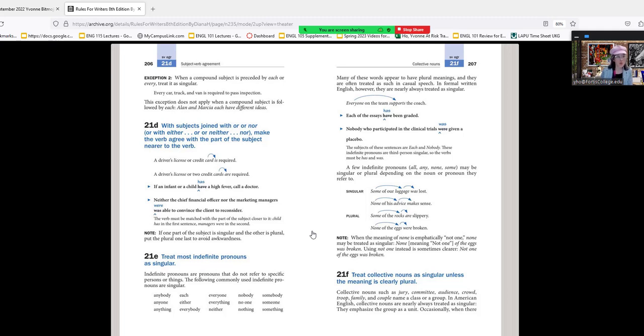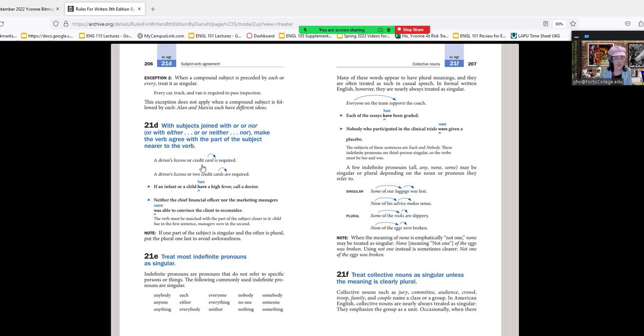With subjects joined with or, nor, make the verb agree with the part of the subject nearer to the verb. A driver's license or credit card is required. A driver's license or 2 credit cards. So when you have or, then here you have a credit card, and the credit card, that's the noun that's closest to the verb, becomes the subject of the sentence.